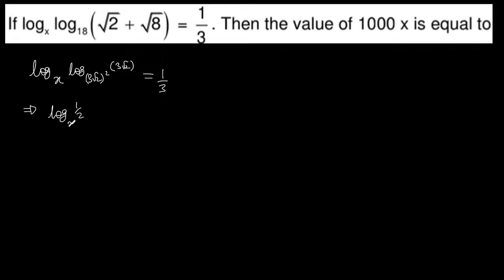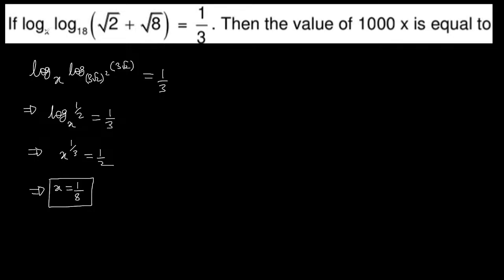So it is nothing but log of 1 by 2, base x, is equal to 1 by 3. You can simply say that x to the power 1 by 3 is equal to 1 by 2, and by cubing both sides, x is equal to 1 by 8. Now when you put x equal to 1 by 8, it is correct.